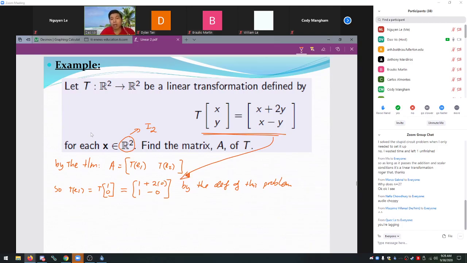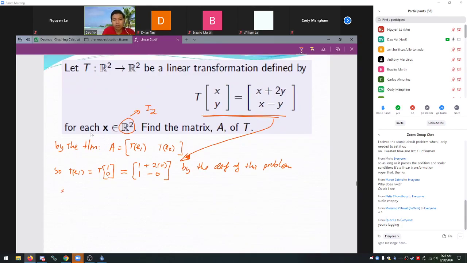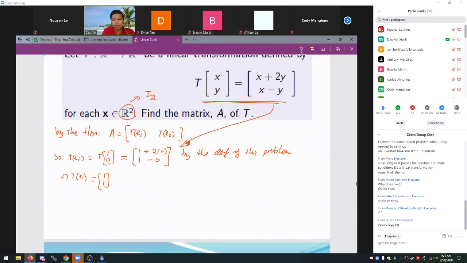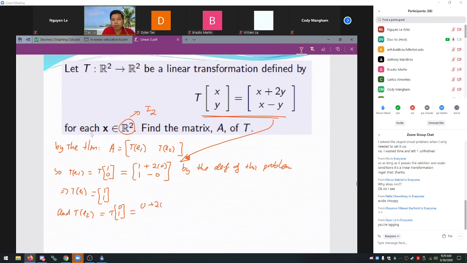When you evaluate x and y, you get x plus 2y and then x minus y. So when I evaluate (1, 0), I get 1 plus 2 times 0, 1 minus 0. So T of e1 equals (1, 1). And T of e2, which is T of (0, 1), by the same definition, I get 0 plus 2 times 1 and then 0 minus 1.